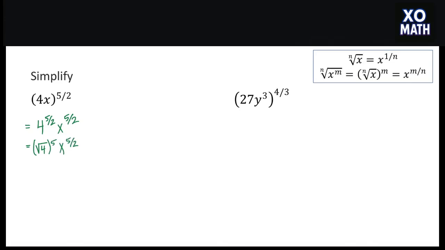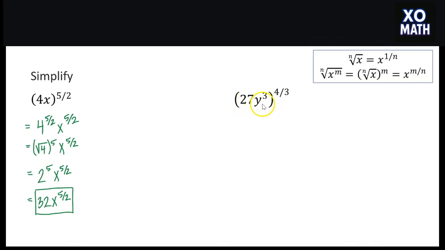The square root of 4 is 2, so 2 to the 5th times x to the 5/2, and 2 to the 5th is 32. So 32 x to the 5/2 is the simplified answer.